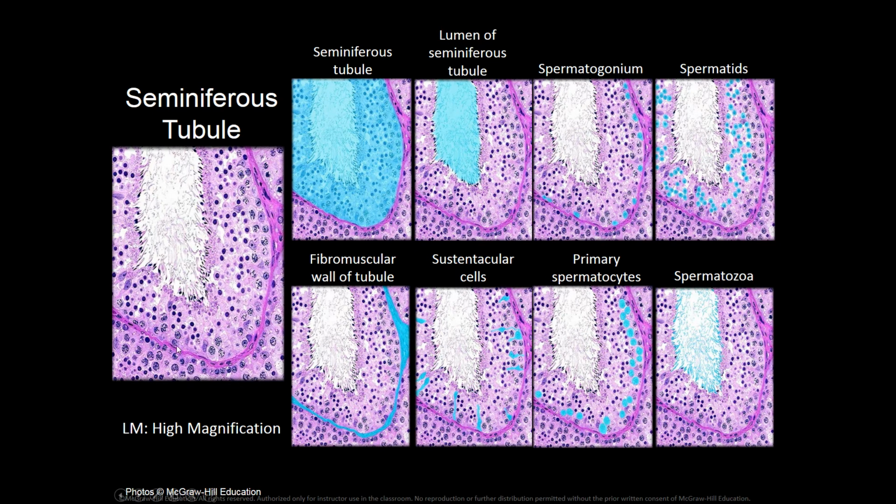From the differentiation levels, the most immature cells will be here at this first row of cells. Then the spermatogonia will divide and form primary spermatocytes and then secondary spermatocytes. These will be more mature, and they will keep maturing until they reach the lumen of the seminiferous tubules.